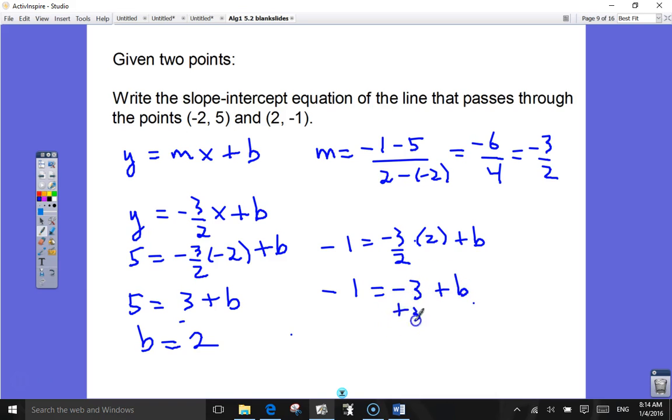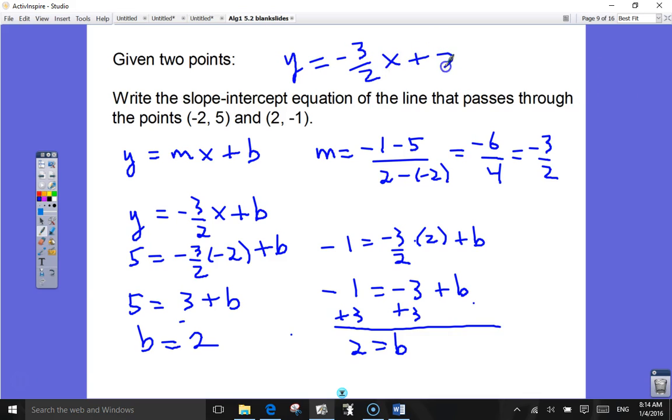Add 3 to both sides. 2 equals b. So now we know the slope and we know the y-intercept. Just plug in. Y equals -3 halves x plus 2.